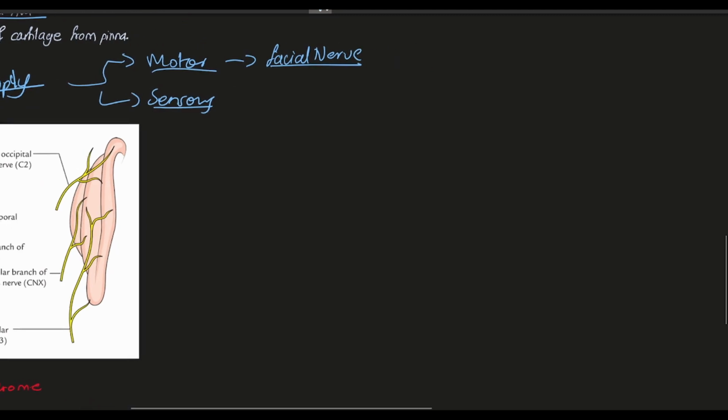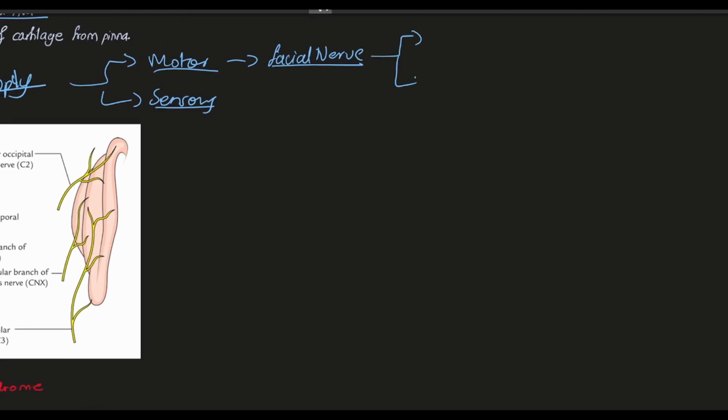You must note that there are three rudimentary muscles attached to the pinna: the anterior, superior and posterior auricularis.